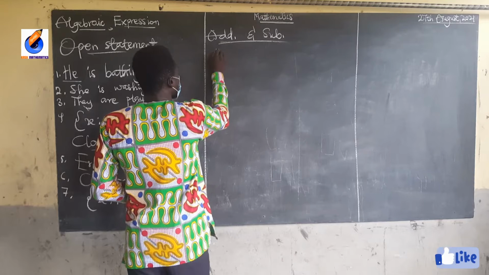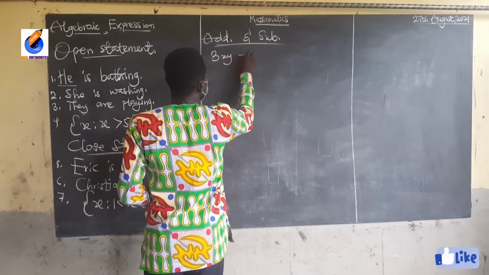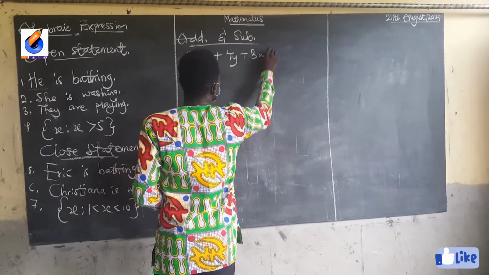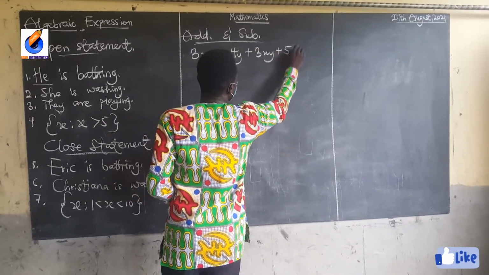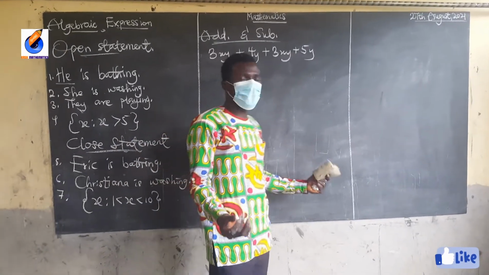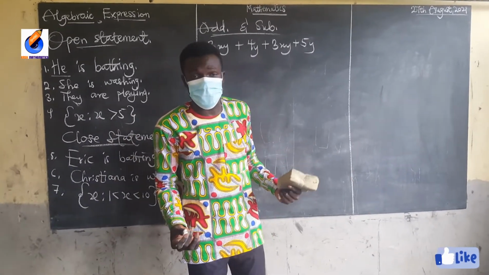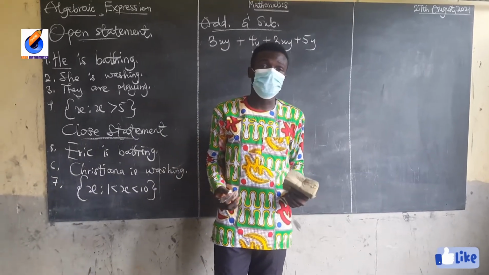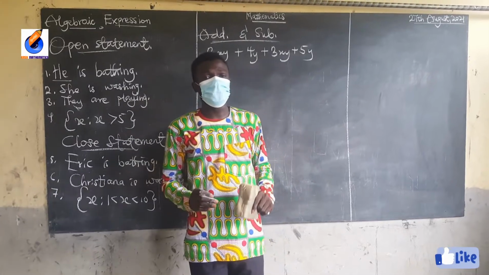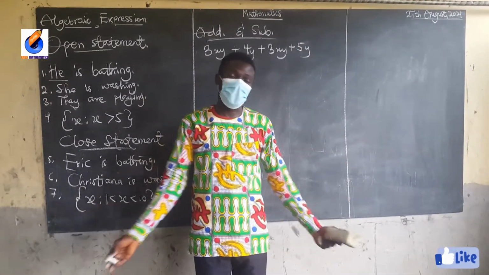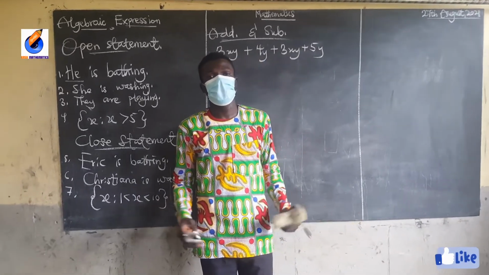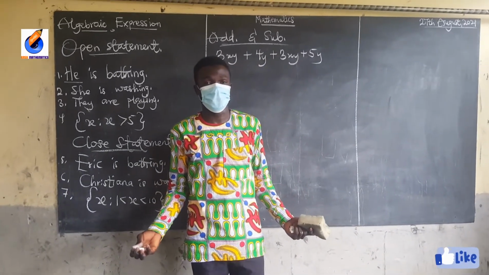So let's say I have 3xy plus 4y plus 3xy plus 5y. Now, if I'm to simplify an algebraic expression, make sure that you group the numbers with the same variables. And when we say variables, the variables are the alphabets in an expression.